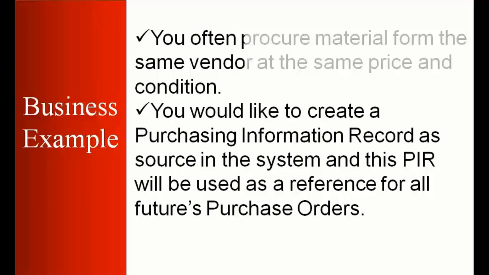This PIR will be used as a reference for all future purchase orders. That means if we set up a PIR record for a particular vendor and material, then it can be a reference to send the data to all future purchase orders. That will save time and be quicker, and we can maintain all the linkages with the PIR records for all future purchase orders.